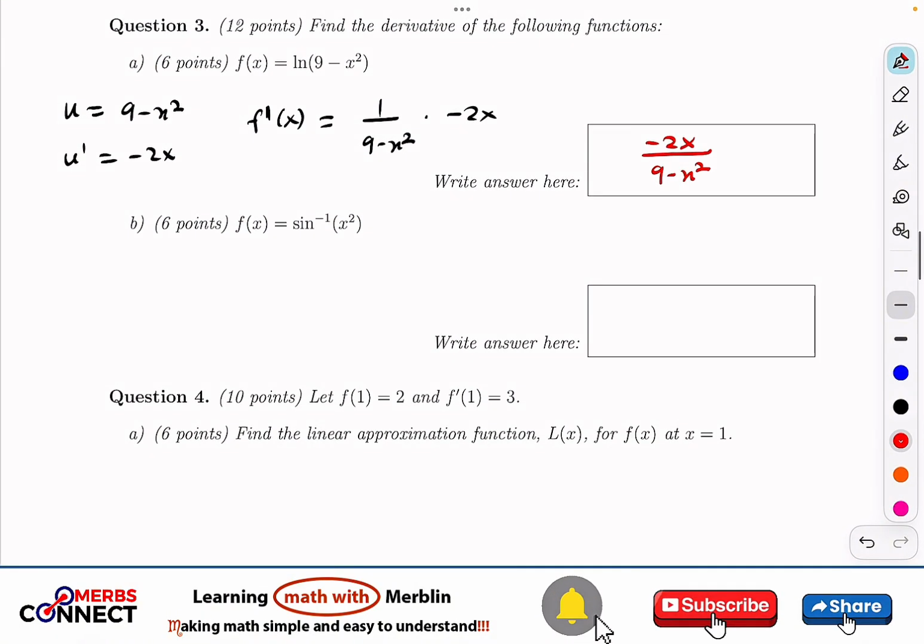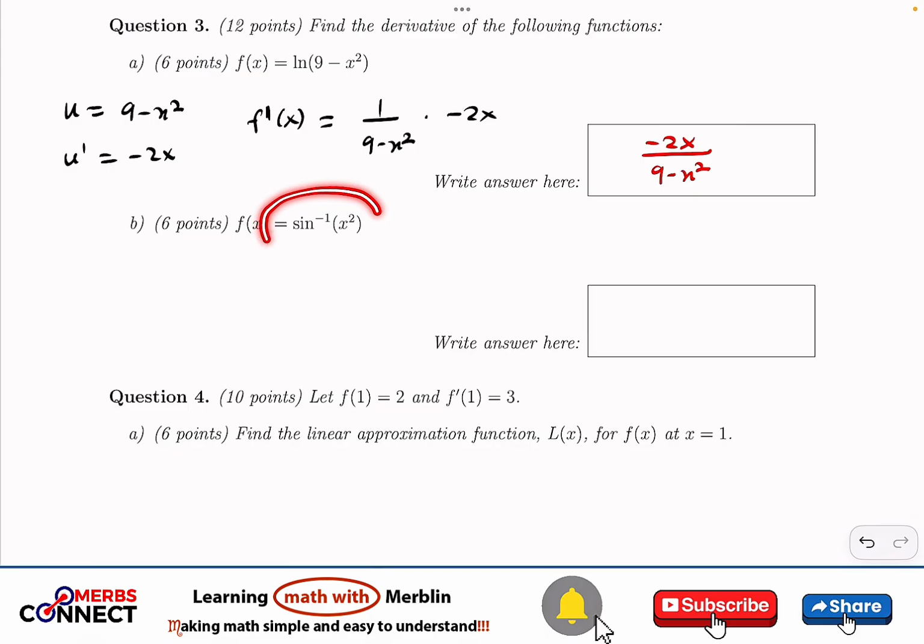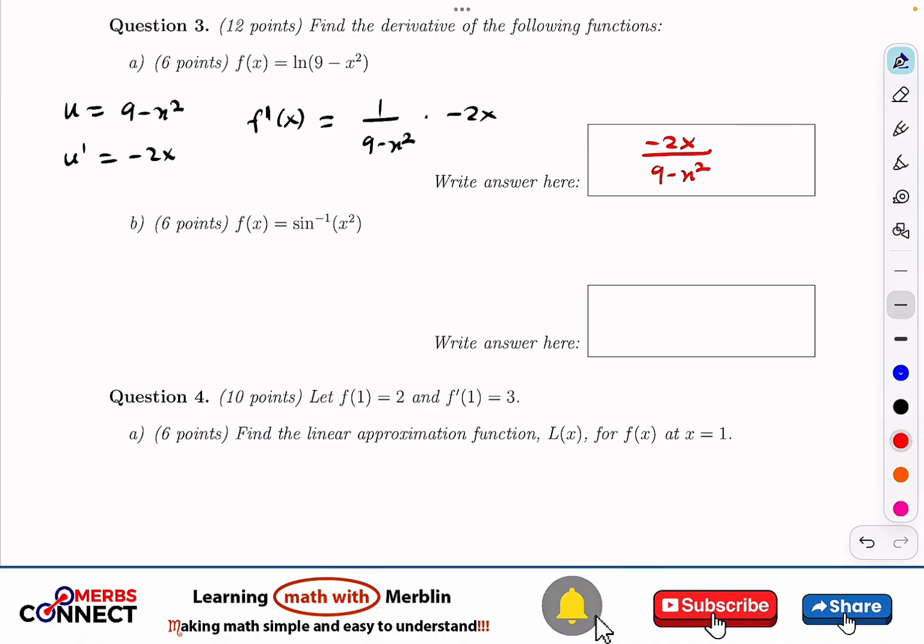Now let's look at this one too. Now anytime we have the inverse function, sine is like this. Now don't forget, sine inverse is the same as the arc sine. So this, I'm going to make it in terms of u. So in terms of u, this is equal to 1 divided by square root of 1 minus u squared times u prime.